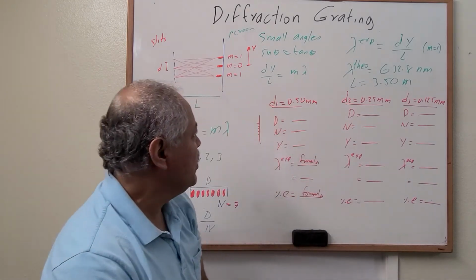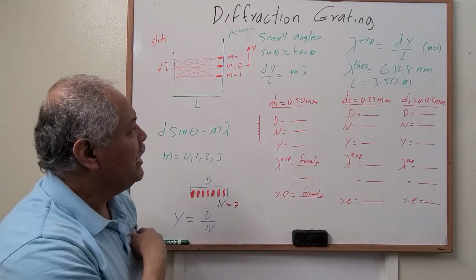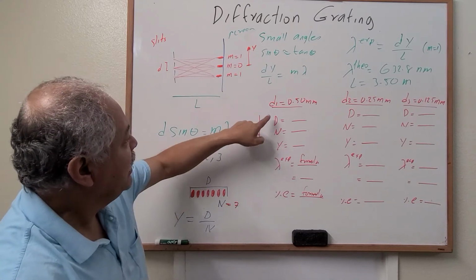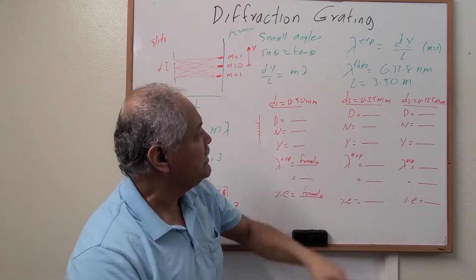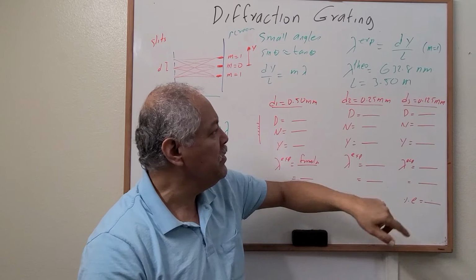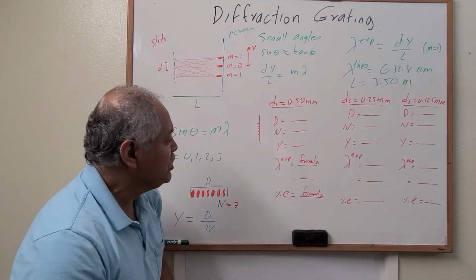Taking this into account, let's do three cases. Case 1, the distance between two slits d1 is 0.50 millimeters, d2 is 0.25 millimeters, and d3 is 0.125 millimeters.